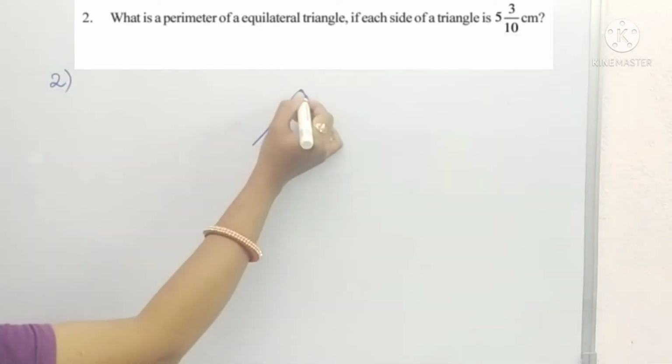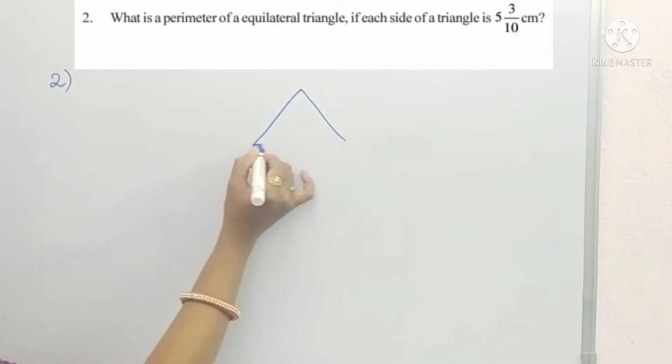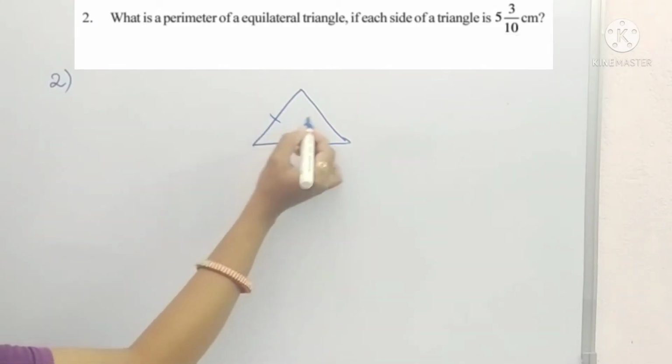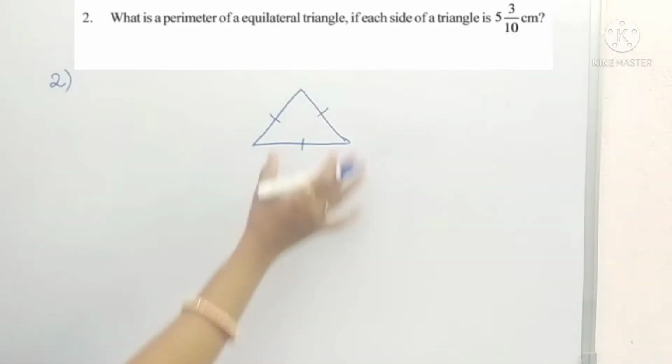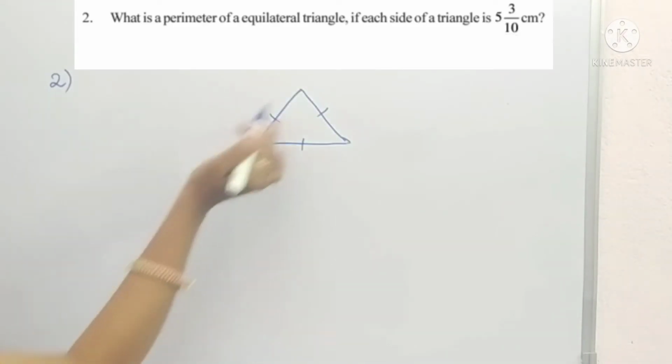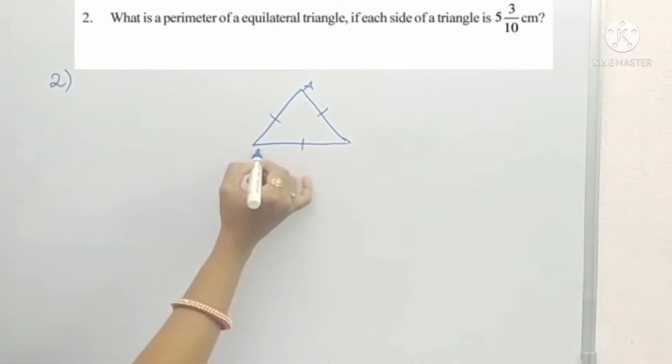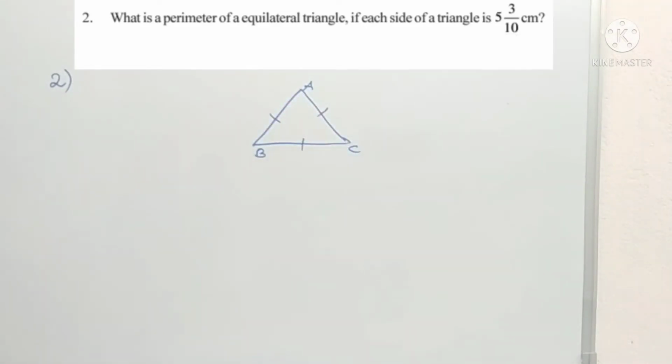So you know this is a triangle with 3 sides. The geometrical figure with 3 sides is called a triangle. So equilateral triangle means all the 3 sides are the same. That means if this is 2, this will also be 2. All the 3 sides are equal.